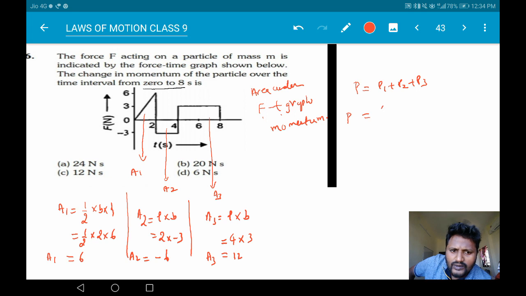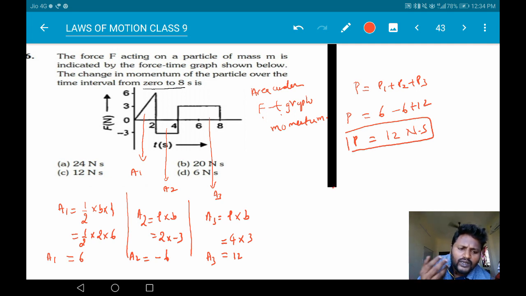So P1 6 minus 6 plus 12. If it is in negative coordinate, we can take negative coordinate only. So your answer will be 12 Newton second. So these are some important or frequently asked numericals based on force and momentum. Okay, right, take care, stay safe.